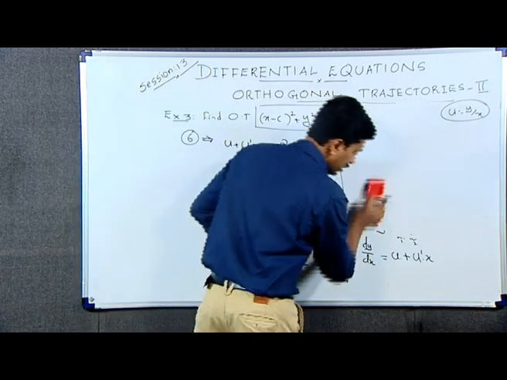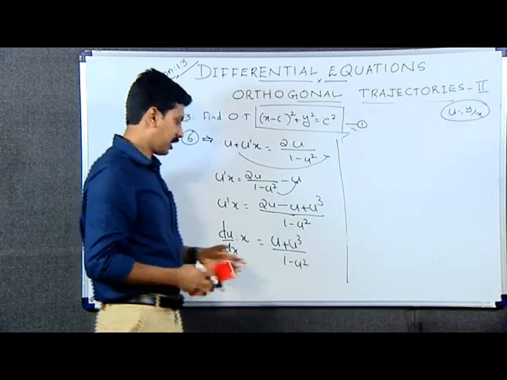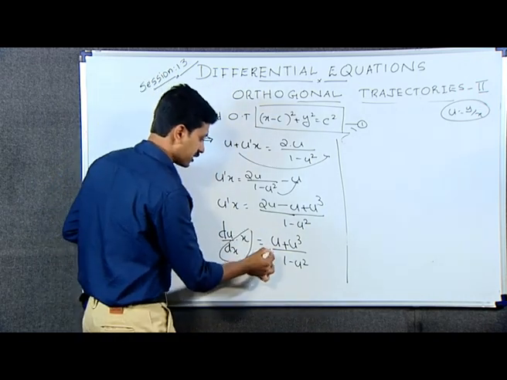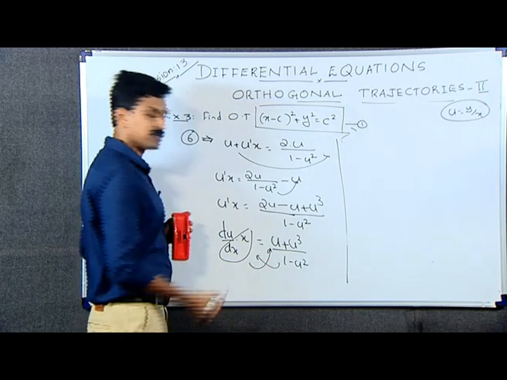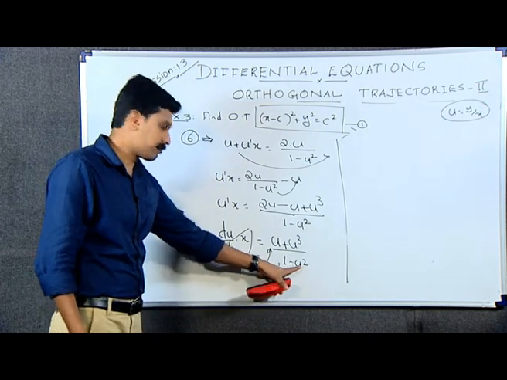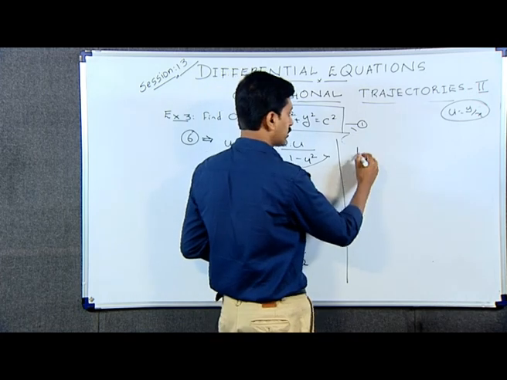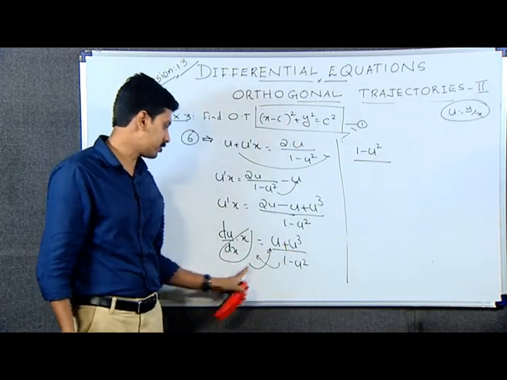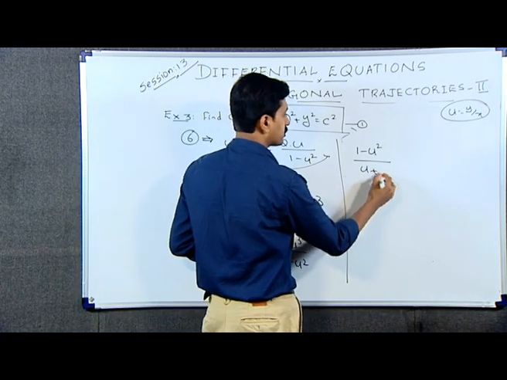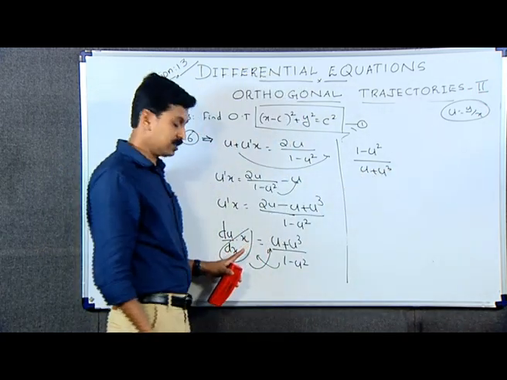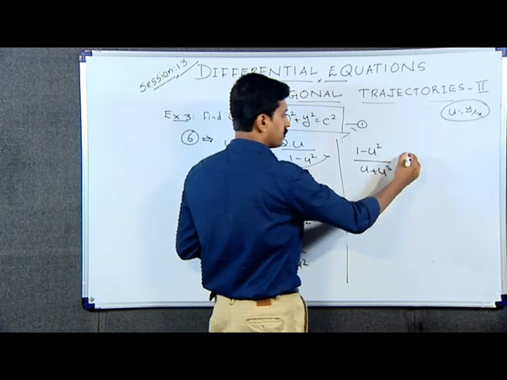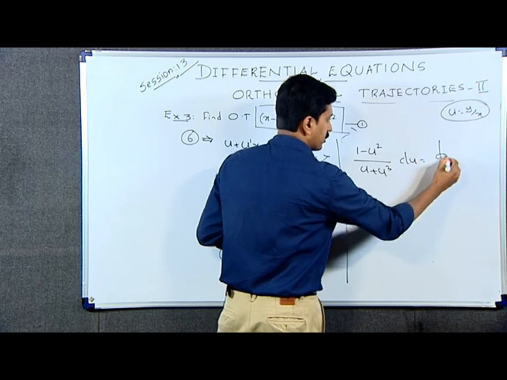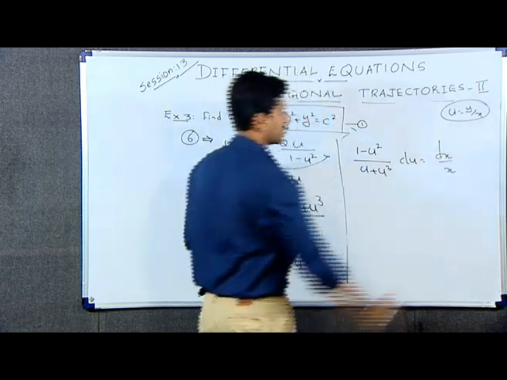This we can rewrite by taking the dx by x part to the right side and the other part to the left side. So, 1 minus u square divided by u plus u cube, into du, is equal to dx divided by x.